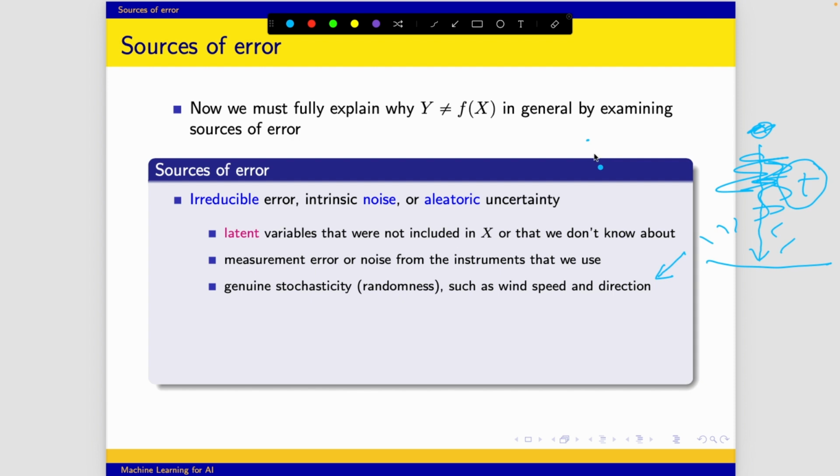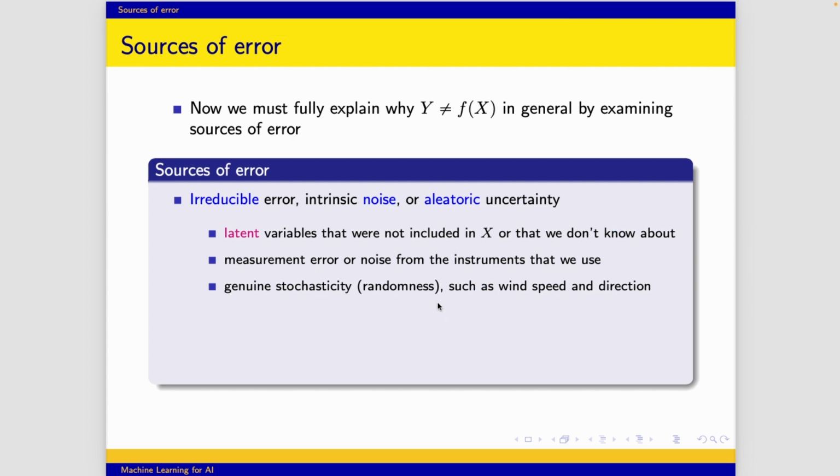And even if there are these other factors, for us, looking at it from the outside, this behavior appears to be random, right? Or at least has some randomness in it. So these are all examples of what we might call a sort of natural randomness. So no matter how good our model is, whatever this f of x we're proposing, this sort of error we cannot get rid of. We cannot reduce it, hence the name irreducible error.